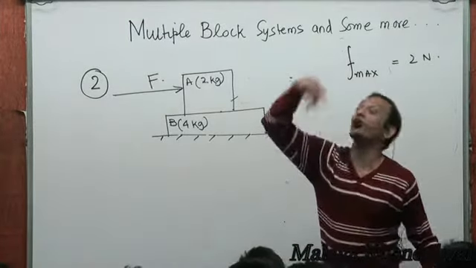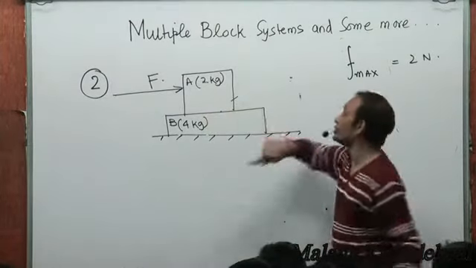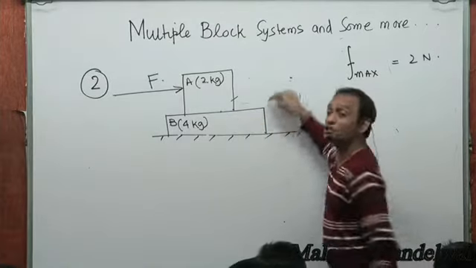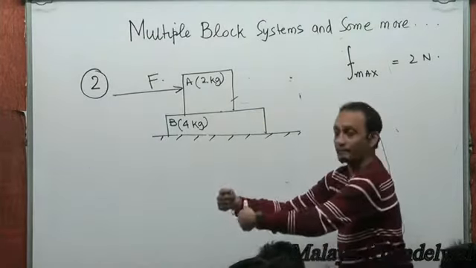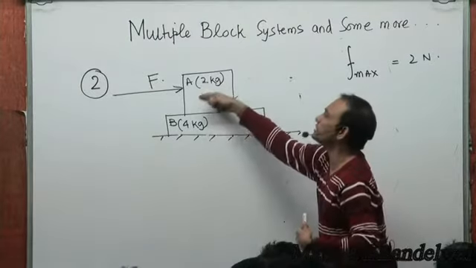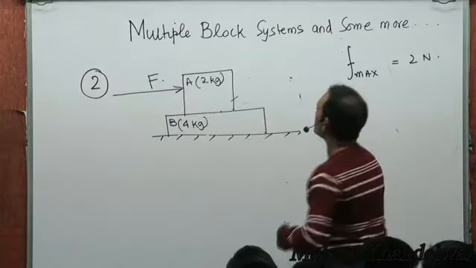Unlike the previous case where the upper block was driven by friction, in this case, the lower block is driven by friction. The direction in which friction acts on B is rightwards, so that it could have a common acceleration with A. The direction in which B will exert a frictional force on A would be leftwards. Action-reaction pair, right?